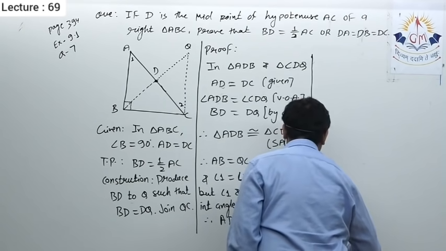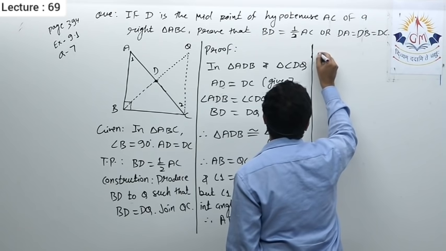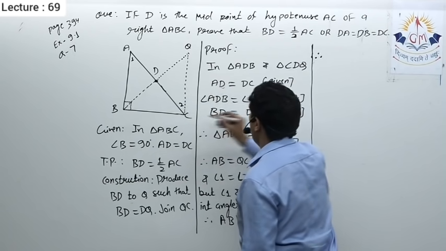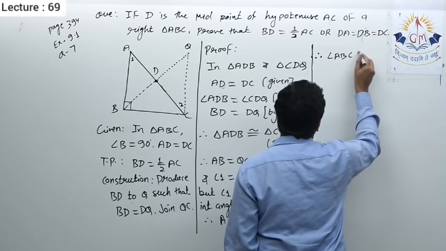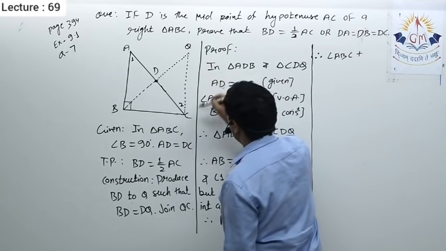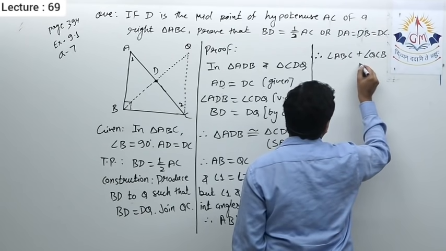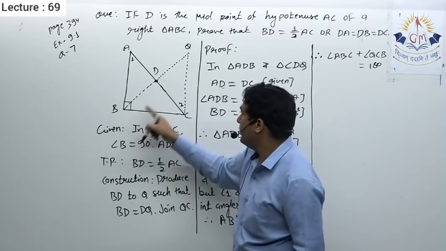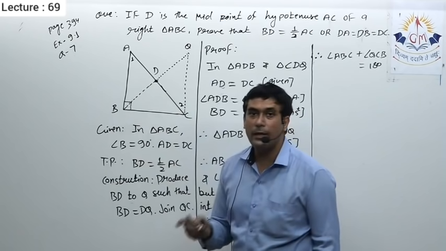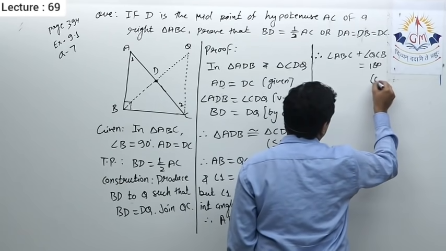AB parallel to QC, therefore angle ABC plus angle QCB is equal to 180 degrees. ABC plus QCB are co-interior angles, so the reason here is co-interior angles.